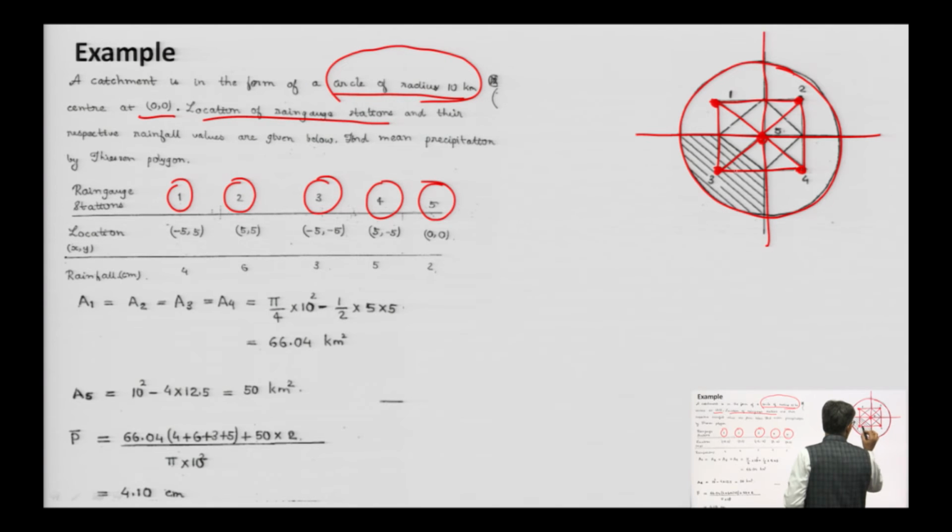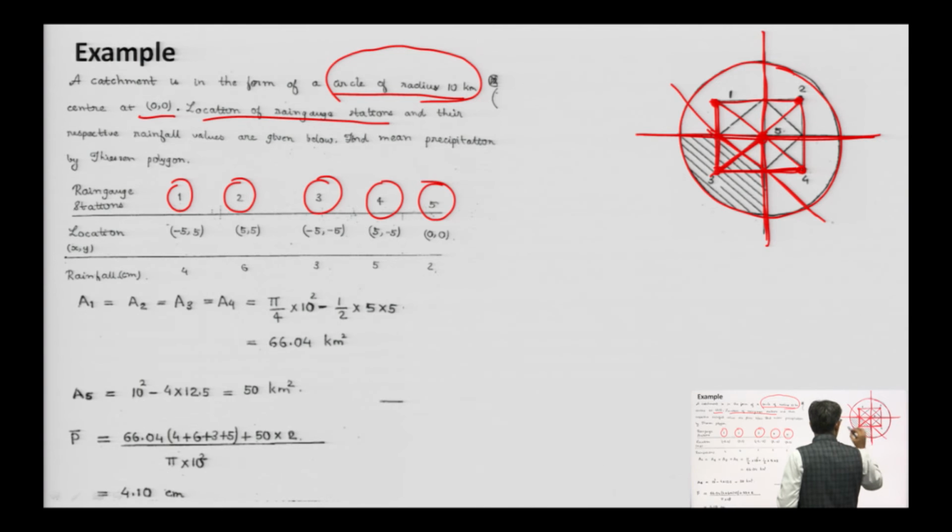So the perpendicular bisector for this line will be this one, for this line 1 to 3 it will be this, and similarly the perpendicular bisector for this line 3 to 5 will be this one.